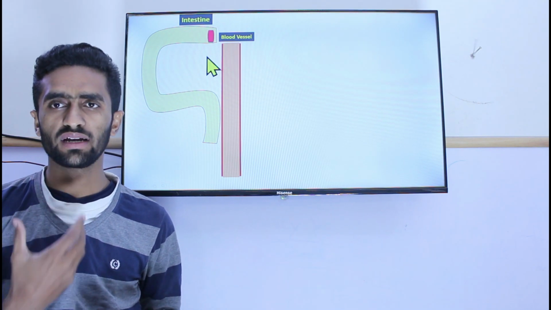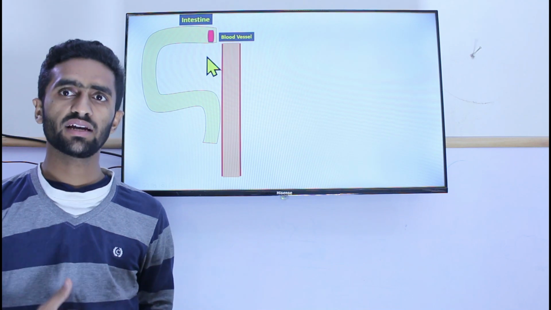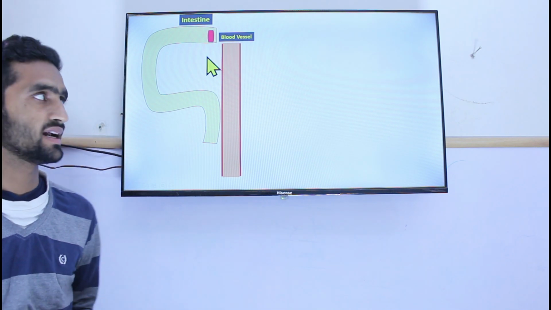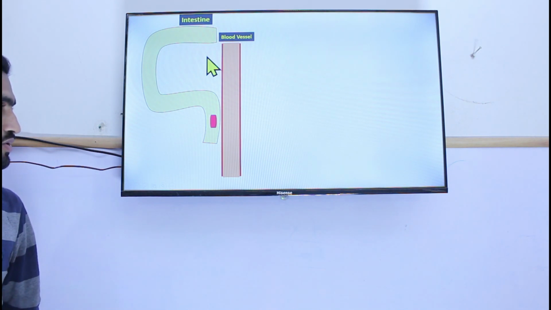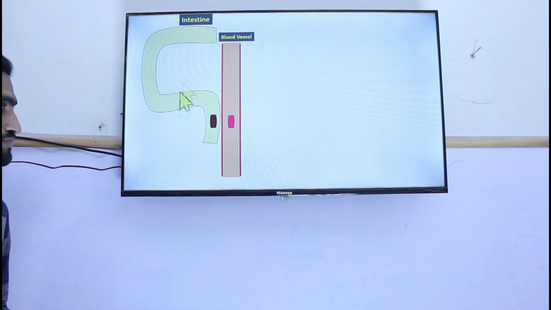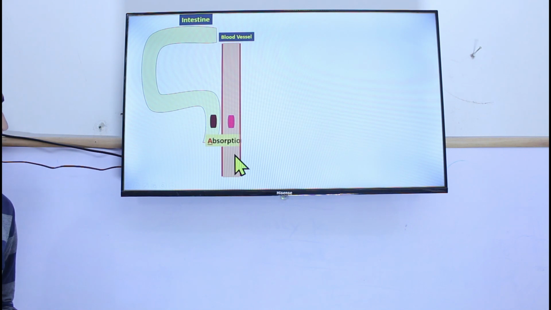It goes into the pharynx, then the esophagus, then the stomach and intestine, for example the distal part of the intestine. Now it is moving, and from here it is absorbed into the blood vessel. This is our first stage in pharmacokinetics.